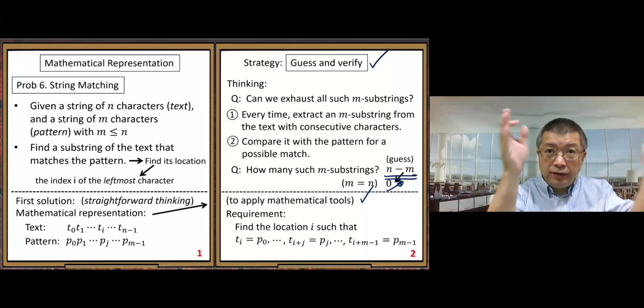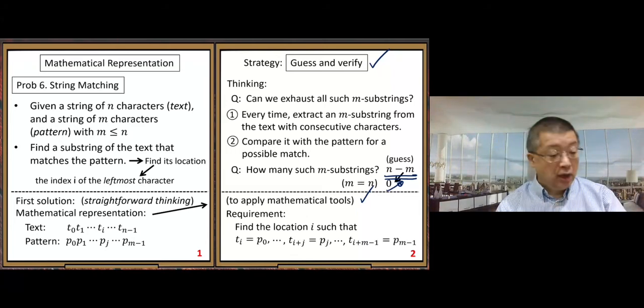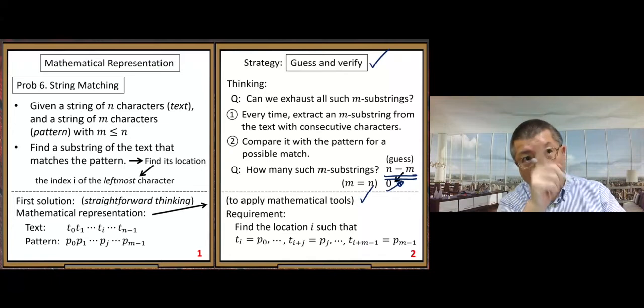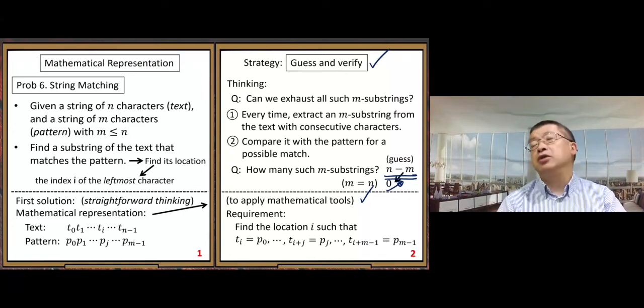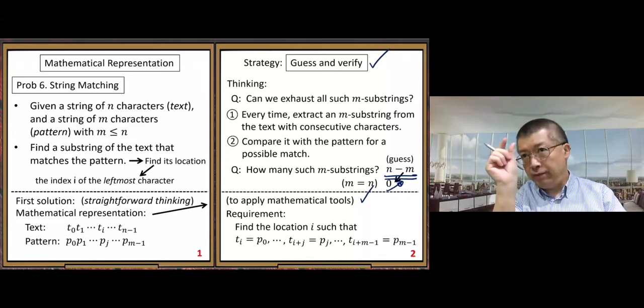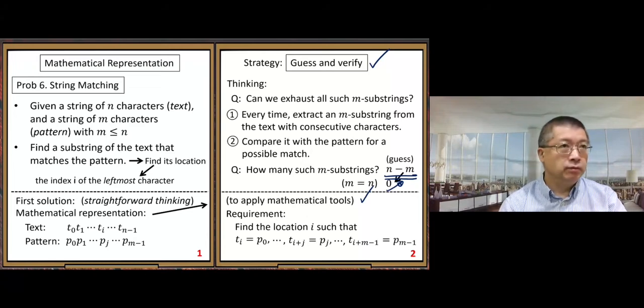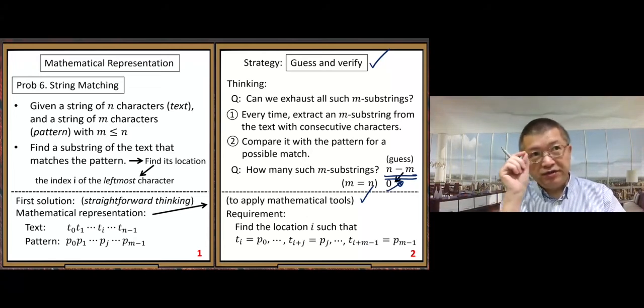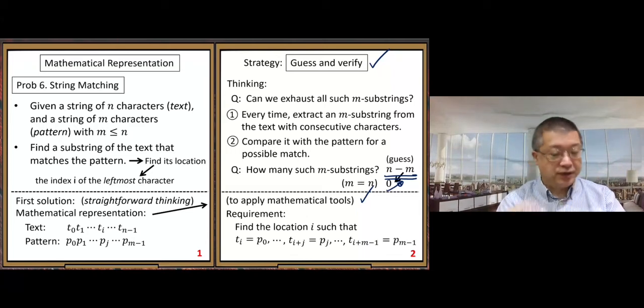That whole text string is the one M substring. So your answer should be 1, but here it is 0. That means this guess is just 1 short of the real answer. So you fix it by adding 1 to your guess. Your real final answer is n minus m plus 1.